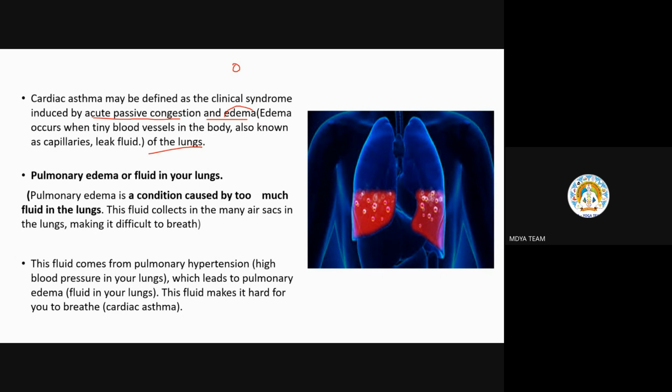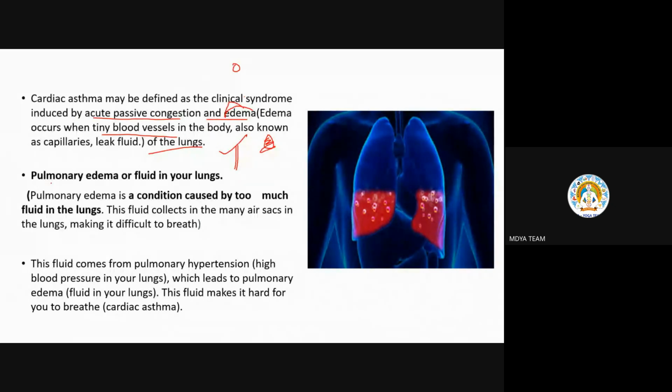So what is edema? Edema occurs when the tiny blood vessels in the body, the most minute ones, the capillaries, leak their fluid. Arteries and veins are a little broader than capillaries. When the fluid inside the capillaries leaks out, forming a sac-like structure filled with fluid, this condition is called edema.